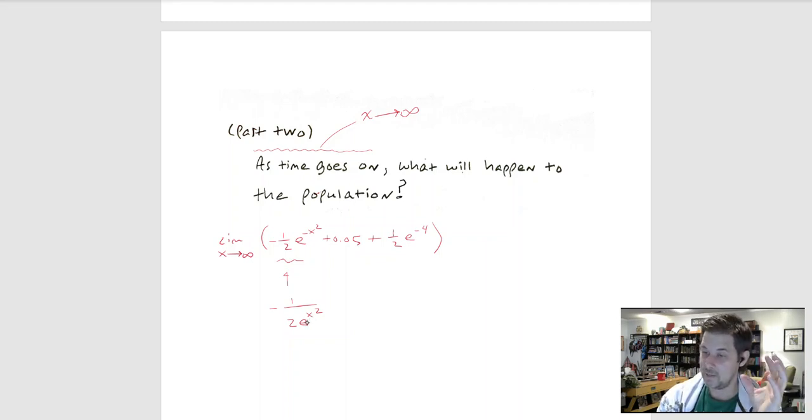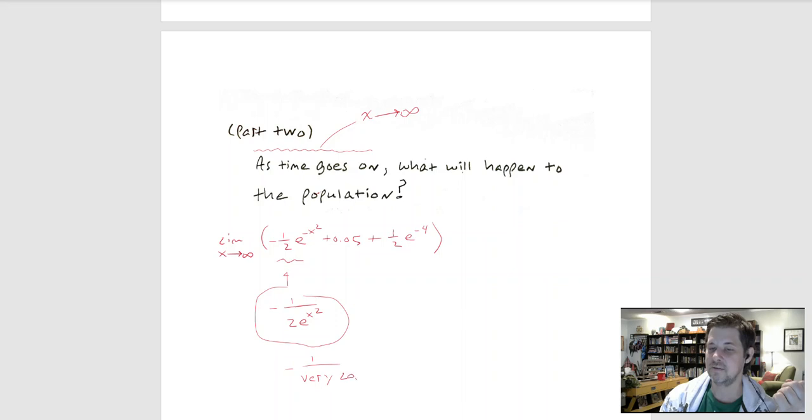Now, keep that in mind, and also think about if I take e, a number which is about 2.7, and I raise that to powers that are bigger and bigger and bigger, then that gets bigger and bigger and bigger, okay? You take a number and you raise it to larger powers, you get larger results. So how we can think about this part then is it turns out to be like negative 1 over larger and larger and larger numbers.